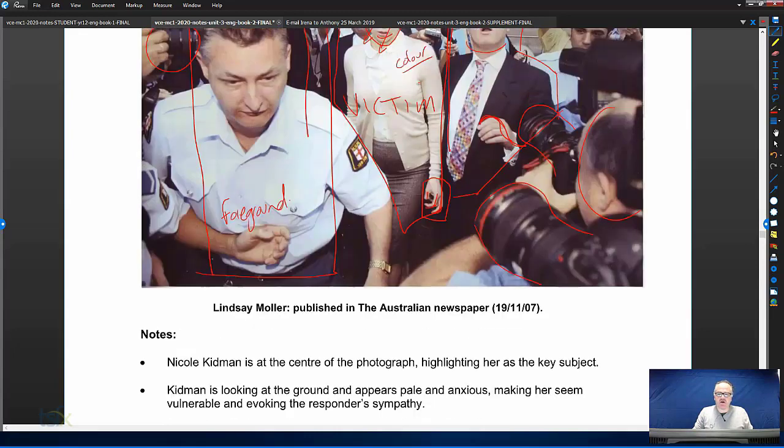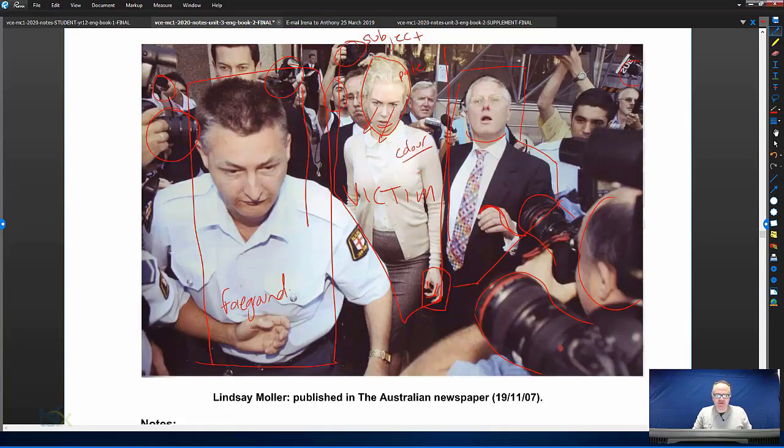Now, I think most of those notes are reflected in this summary down here for you. So if you didn't capture quite all of those in my annotations, which once they're all done look quite messy, it's recorded down below for you. But if I was writing about this photo, obviously I've got several elements that I could write about. So I've got, number one, the way that Kidman is portrayed as victim. I've got the people on either side of her, so the security guard or the lawyer as the second element.